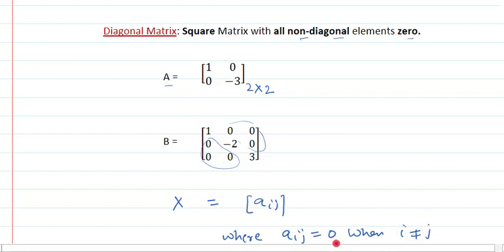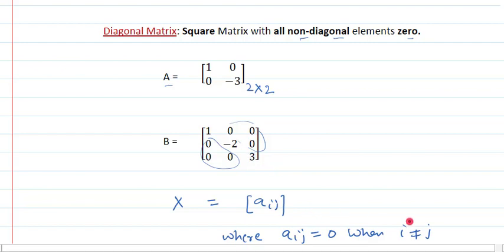Here you should be careful about one thing. I have written here Aij is equal to 0 when i is not equal to j. It means we can have any element of diagonal also as 0, meaning it may also happen that one of the diagonal elements is 0. Suppose let me make this 3 as 0, still it is the diagonal matrix.